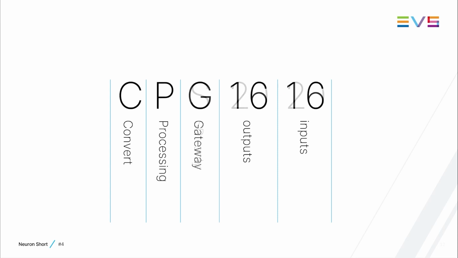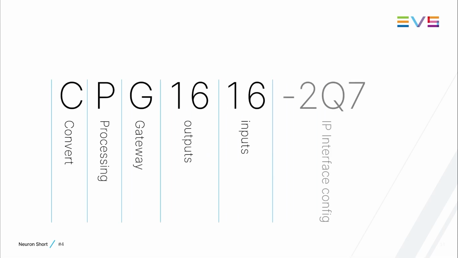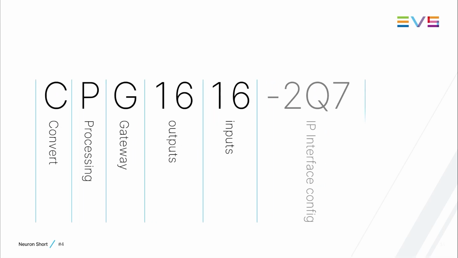Likewise, behind the 4 numbers, there's a dash, followed by digits indicating the interface configuration. Some convert cards have an additional dash behind the interface configuration, followed by an L or an H. This letter indicates whether it can do HDR conversion based on BCOM adaptive conversion methods, indicated with an H, or if it uses lookup tables or LUTs to convert from or to HDR, indicated with an L.